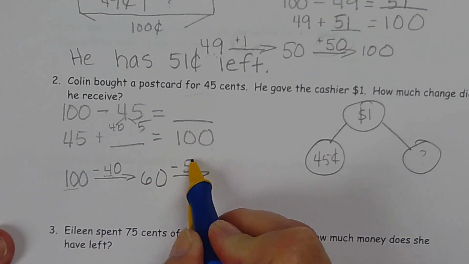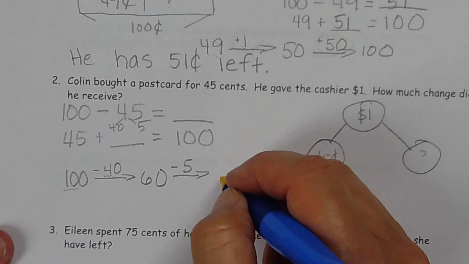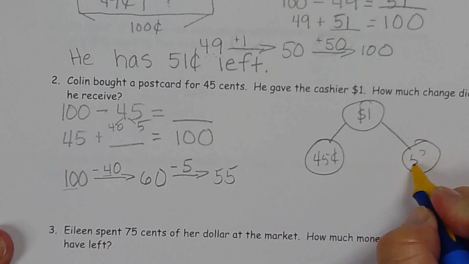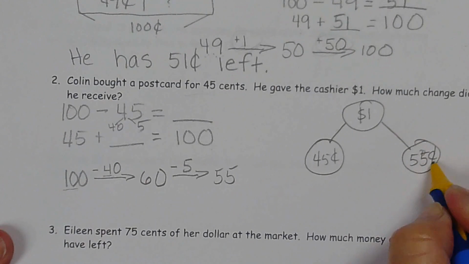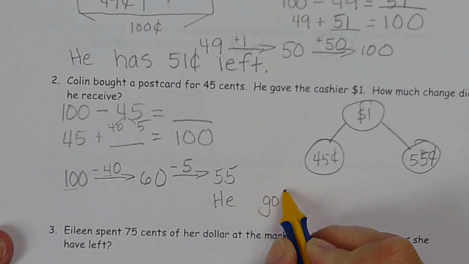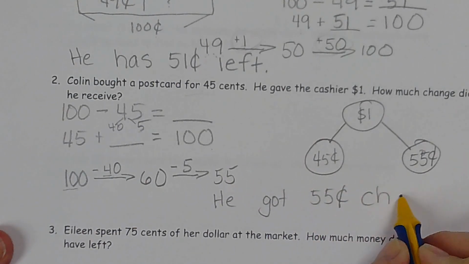So 60 minus 5 is 55. That is our other part, 55 cents. He got 55 cents change.